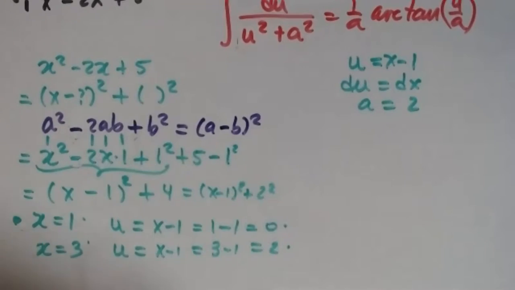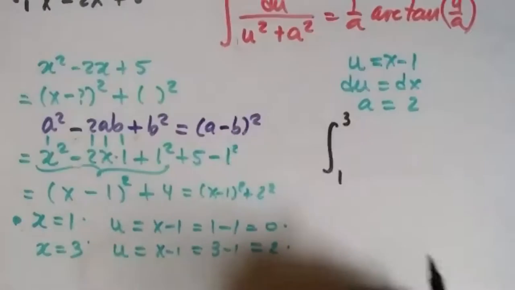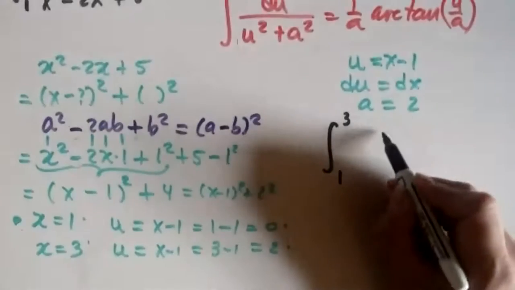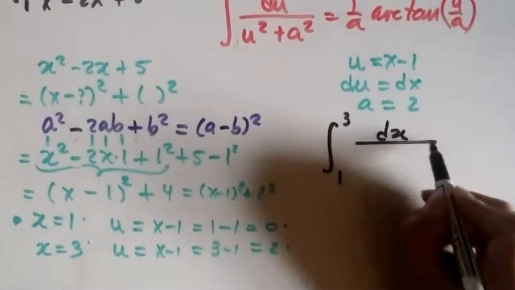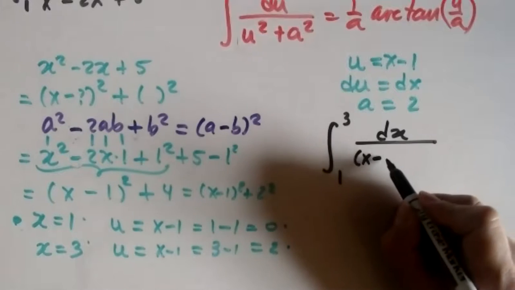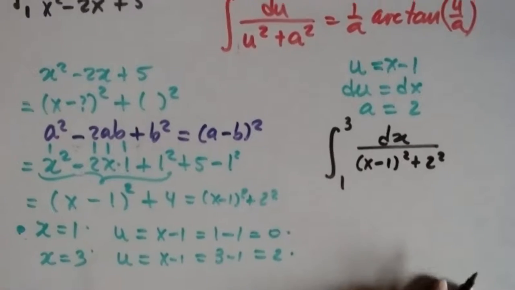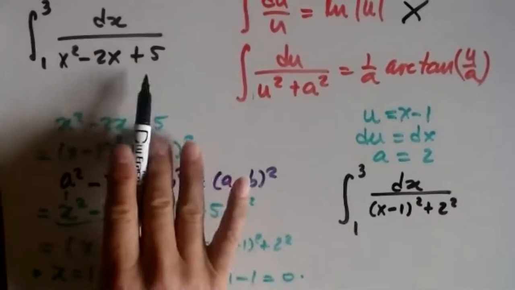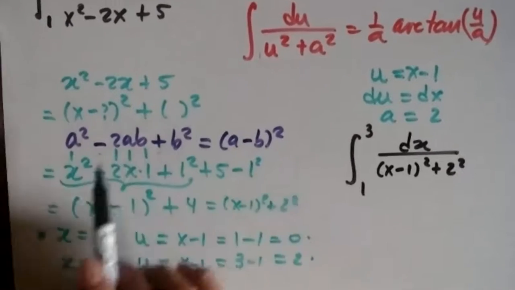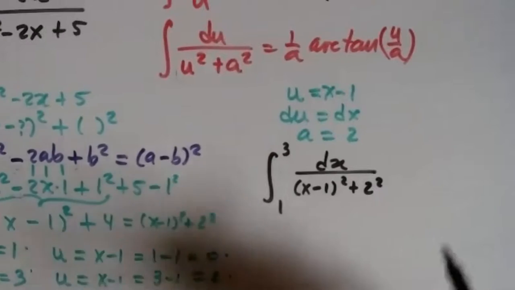And then I'm going to change my integral. So this is going to be the integral from 1 to 3 of dx at the top. At the bottom, I'm going to have x minus 1 squared plus 2 squared. So remember, I just wrote this in this form after all my algebra, correct? And then I'm going to do my u substitution.